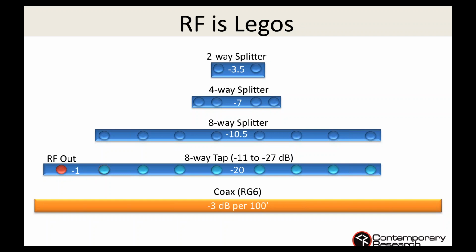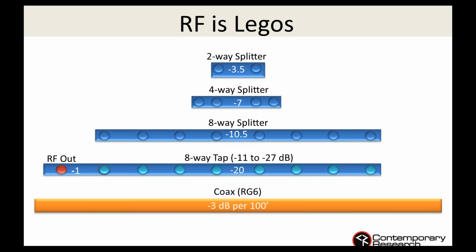A 45 dB amplifier uses less power than a light bulb. So we're not talking about explosive energy taking place within here. We're broadcasting. So let's say if I started at 30, a two-way splitter will subtract 3.5. A four-way splitter, 7. An 8-way splitter, 10.5. So the math is really simple.